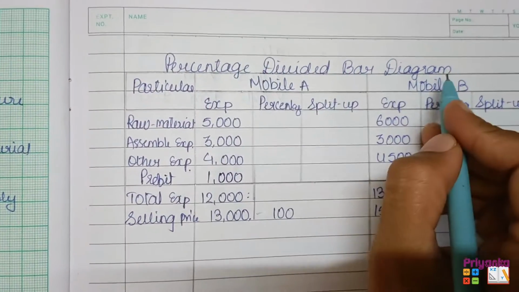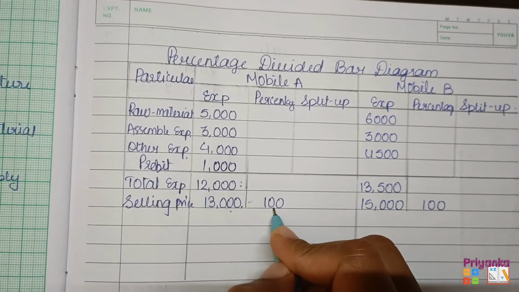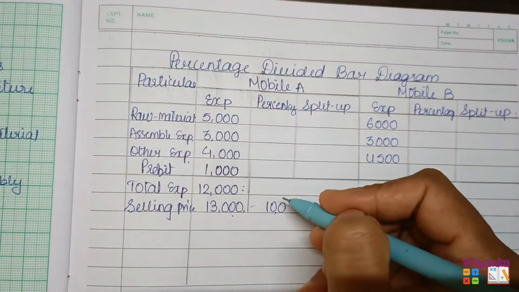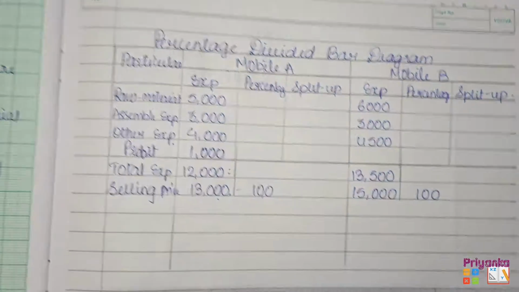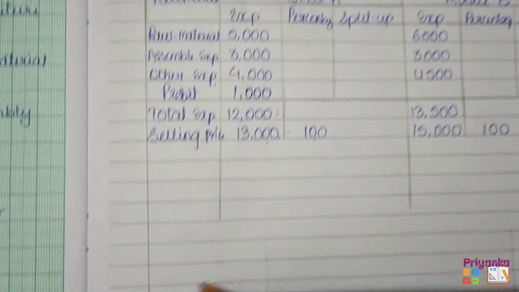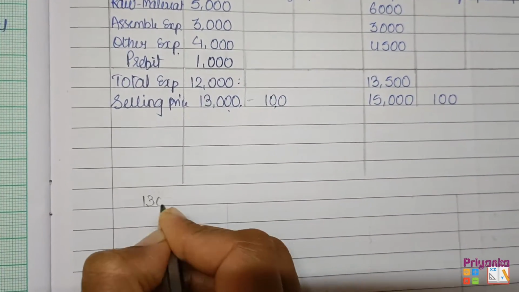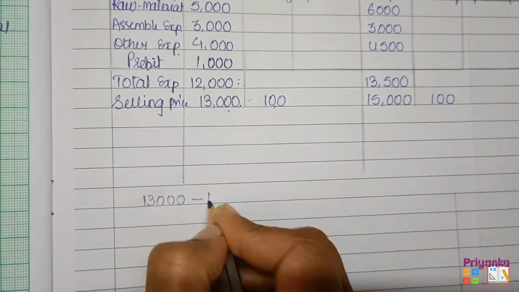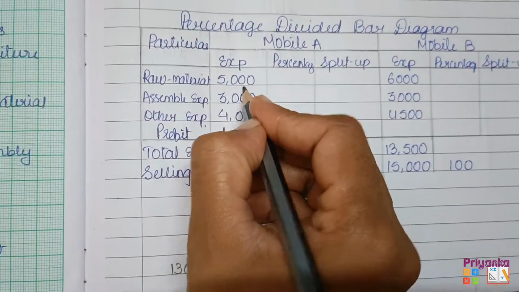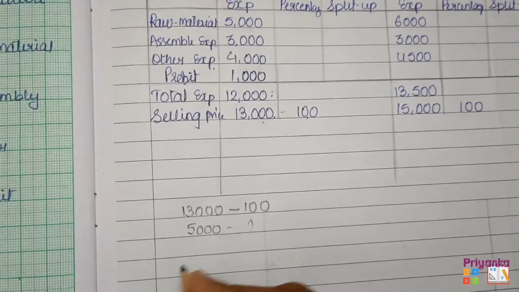And in the percentage divided bar diagram, here I am taking the selling price as 100%. And out of this, we'll work out the remaining information. The calculation will go like, when the selling price 13,000 is giving us 100%, what percentage does the raw material 5,000 show?